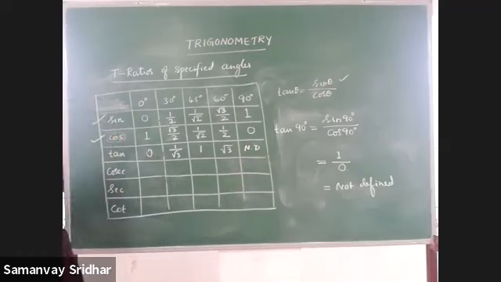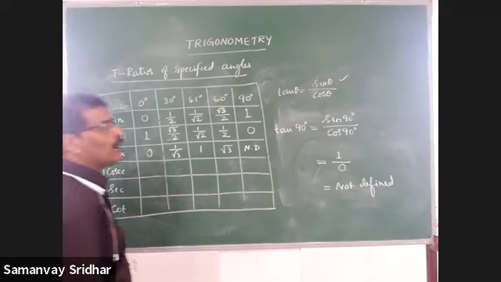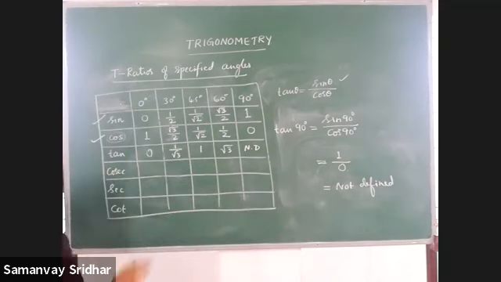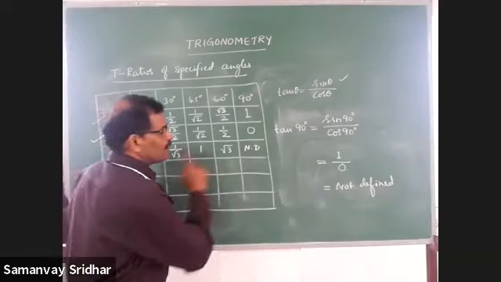ND means not defined. What is the value of tan 90? You have to say that it is not yet defined. When mathematicians find out what we get for 1 by 0, then we can say. 1 by 0 is not possible, so we have to say that it is not defined.